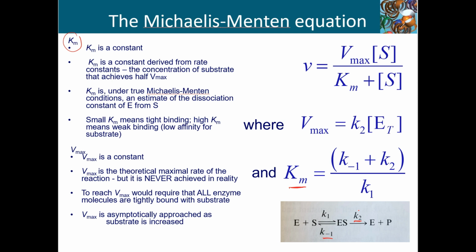It's the rate constant for what happens after the enzyme substrate complex forms. And then we have K1 in the bottom, which is our rate constant describing how much the enzyme and substrate like to associate with one another to form the enzyme substrate complex.